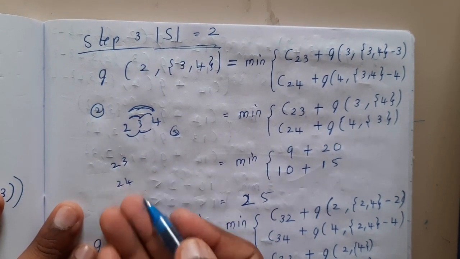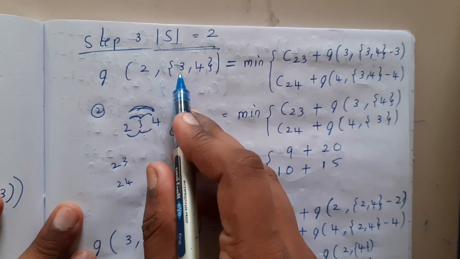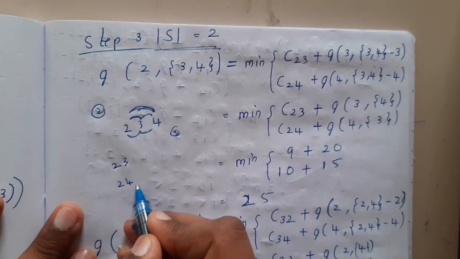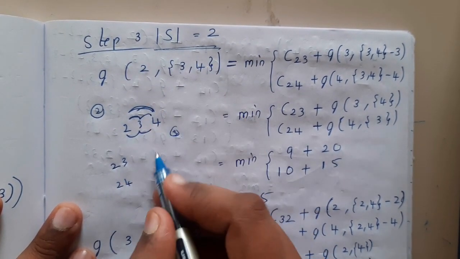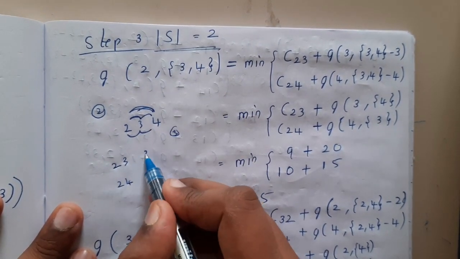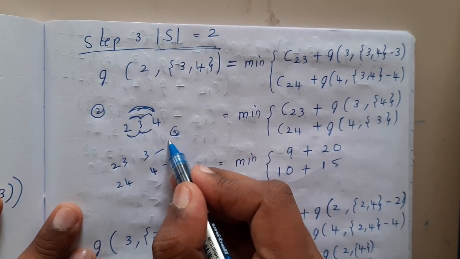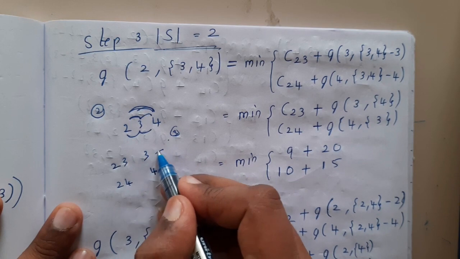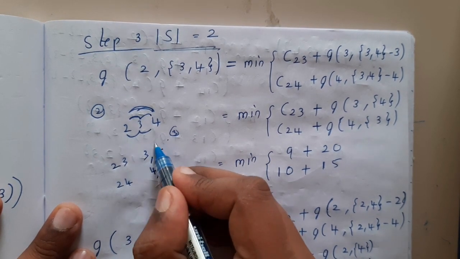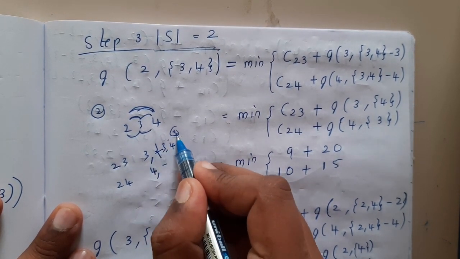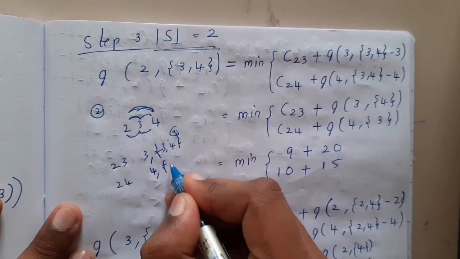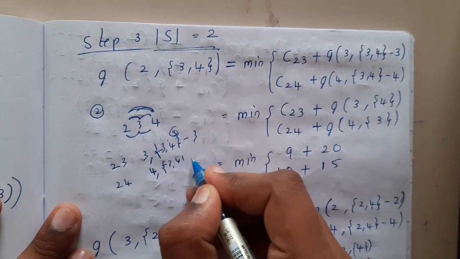I understood it in this way only. You want 2, 3, 4, so write 2, 3 and 2, 4 first. After that you write the other combination. What you selected here 3, what you selected here 4, subtract it from our array. Or you can even write the set 3 comma 4 and subtract 3 and subtract 4.